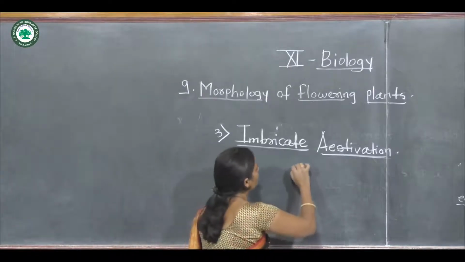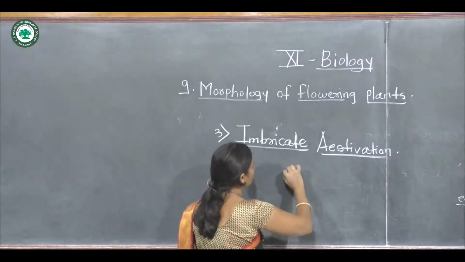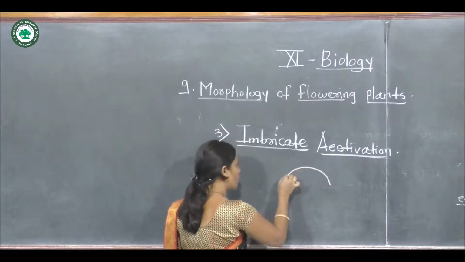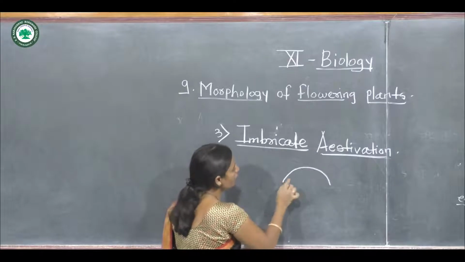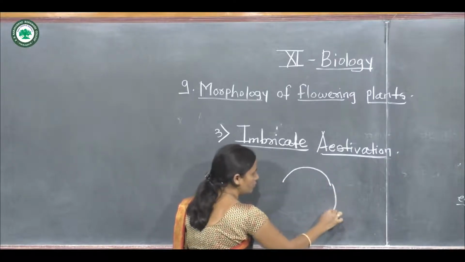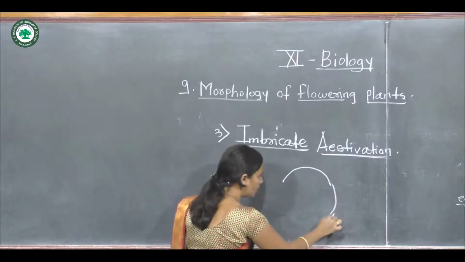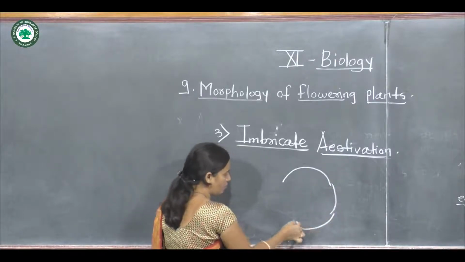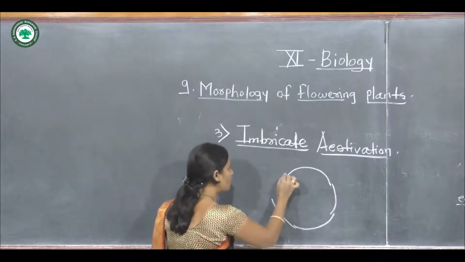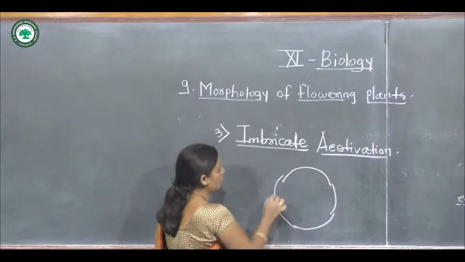Also bougainvillea, this flower, shows the imbricate type of aestivation. Now the diagram showing this imbricate aestivation: in the calyx of cassia, one sepal is completely inner and one is completely outer, and the others are overlapping with each other.